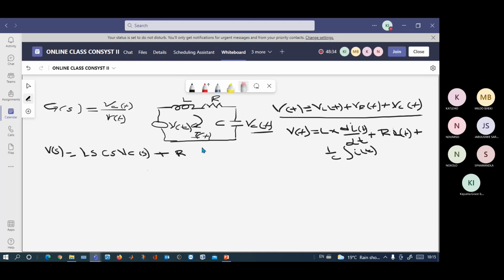The current is R times the current, which is equal to CS VC of S.